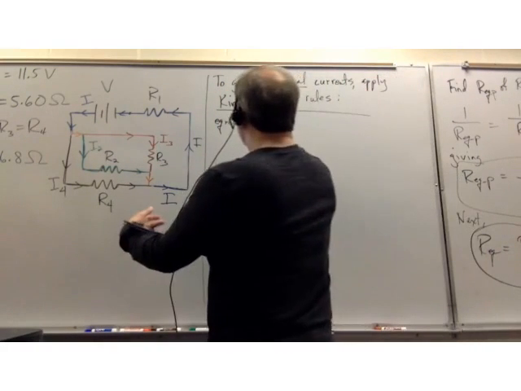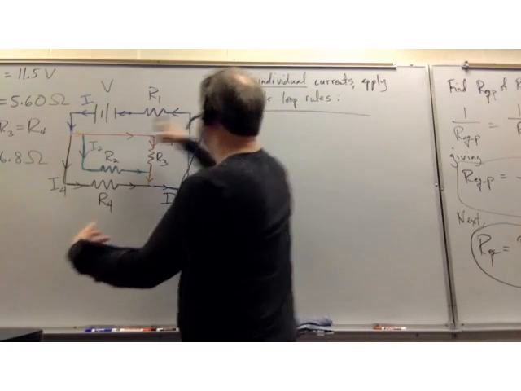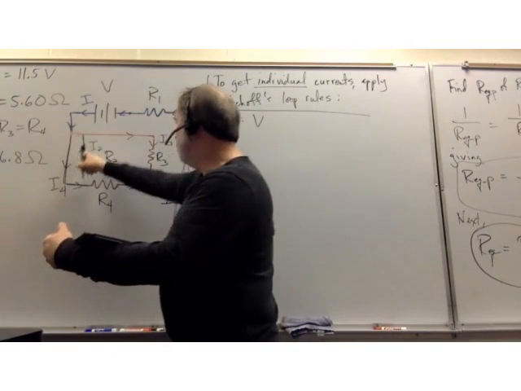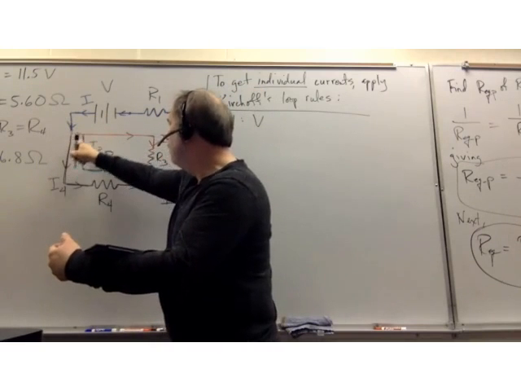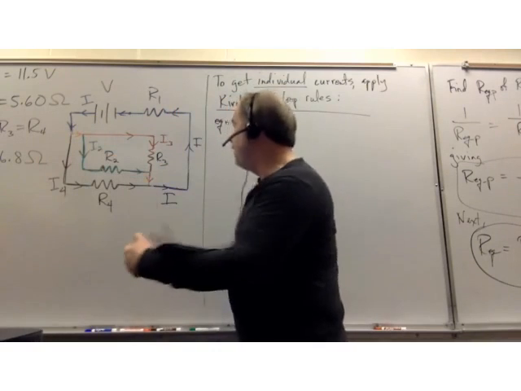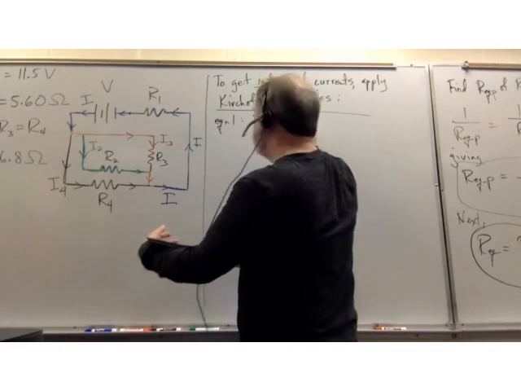So equation 1, we're going to gain some potential when we cross the battery, going from low to high, and we're going to do the loop through I2. The current that actually passes through R2, I've labeled that I2. So that'll be a potential drop of minus I2 times R2.